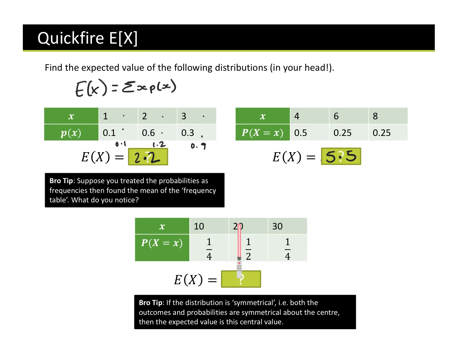Fun fact, the expected value will then be 20, but we can double check that. 10 times a quarter, 2.5. 30 times a quarter, 7.5. 20 times a half, 10. We add them all up, we should get 20.